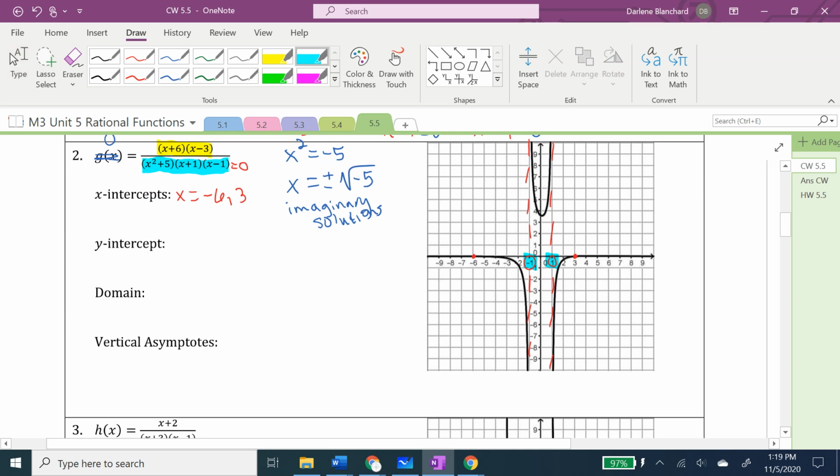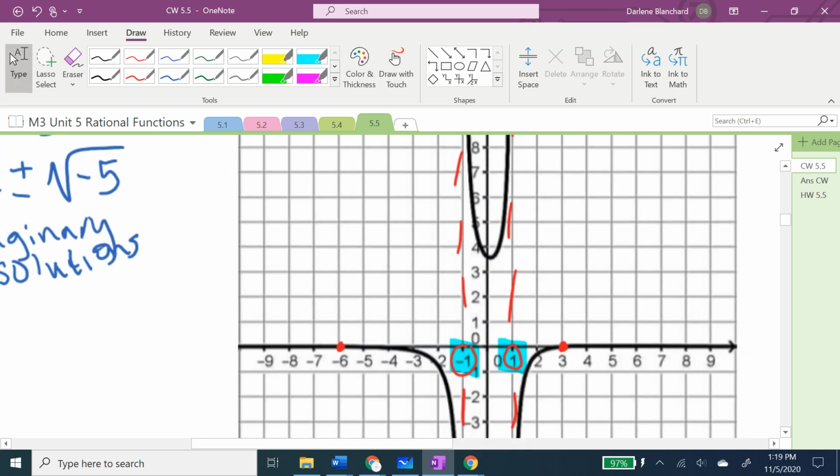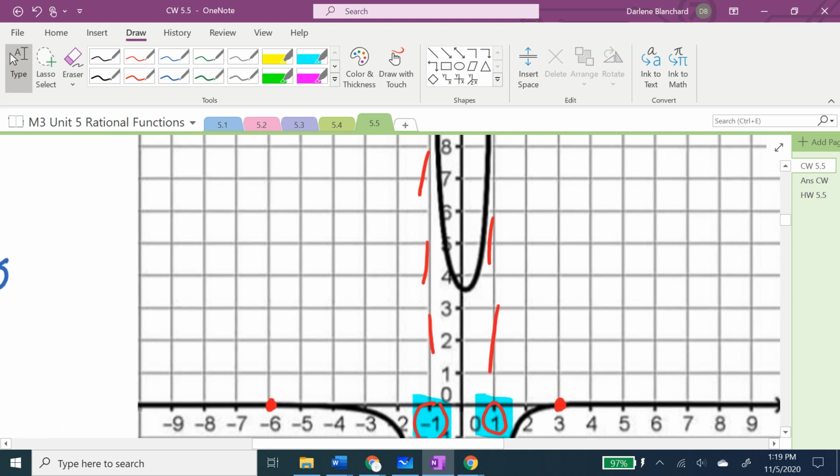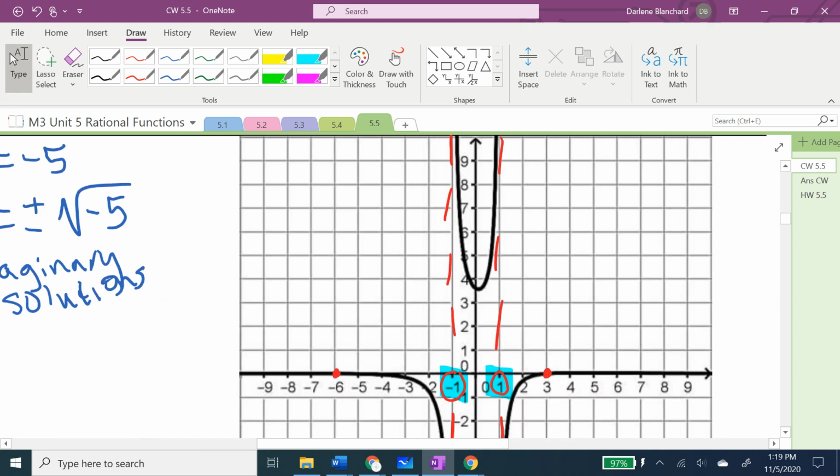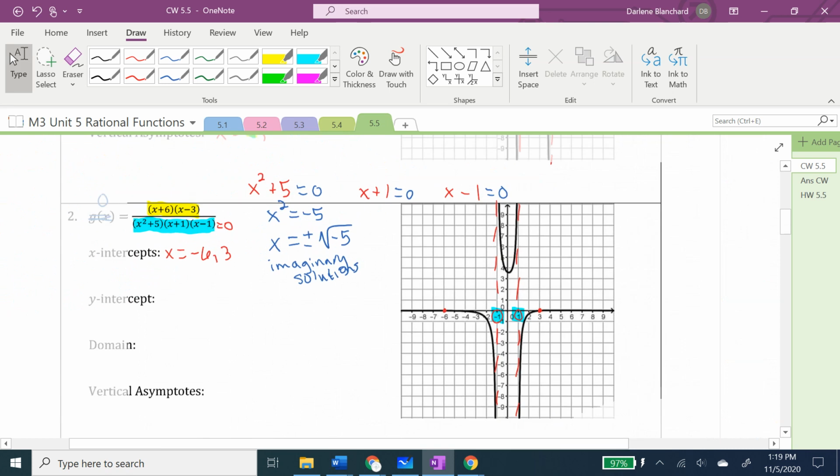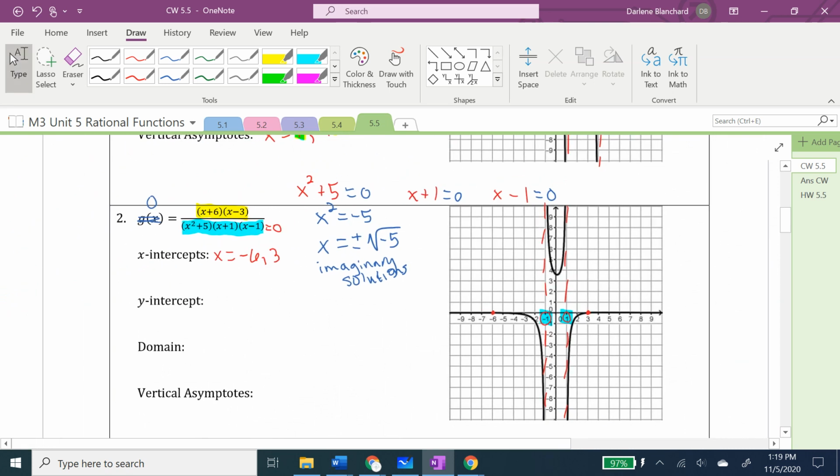The y-intercept, if I look at the graph, it looks like it's 3.6-ish. If I go to the equation, I will find the y-intercept if I plug 0 into all of my x's. So 0 plus 6 times 0 minus 3 divided by 0 squared plus 5 multiplied by 0 plus 1 multiplied by 0 minus 1.